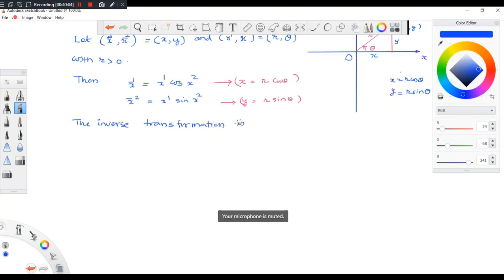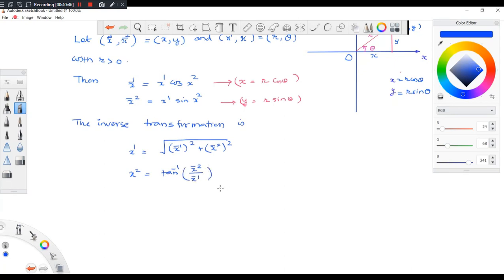Here I am going from the r theta coordinate system to the xy coordinate system. Now from the xy coordinate system, if I want to go to the r theta coordinate system, then x1 is equal to square root of x bar 1 whole square plus x bar 2 whole square, and x2, this is theta, is tan inverse x bar 2 by x bar 1.